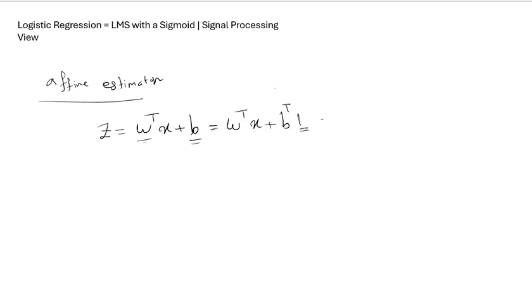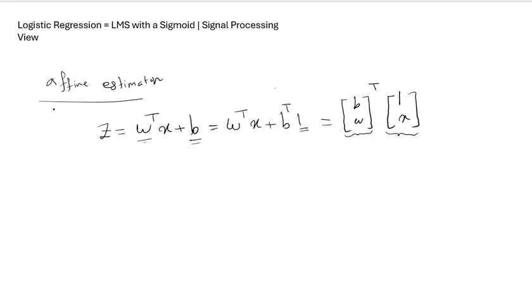So I can write this relation as the vector of B and W transpose multiplied by the vector of 1 and X. Now I can consider this vector as a new W, and this is our new data.